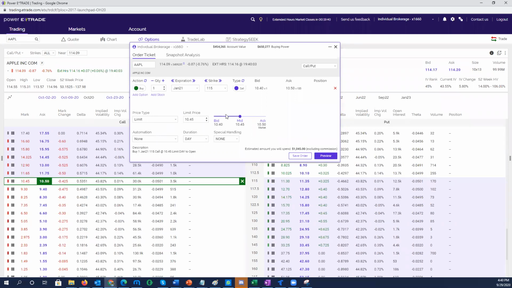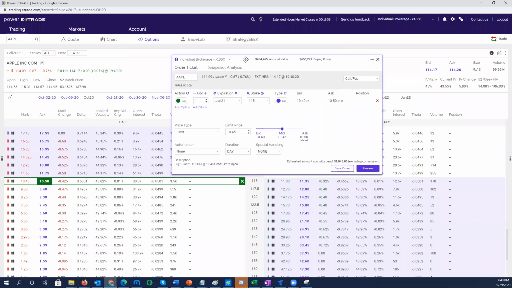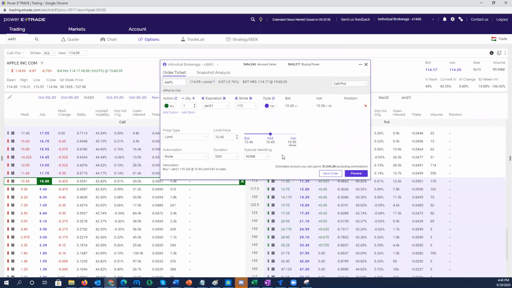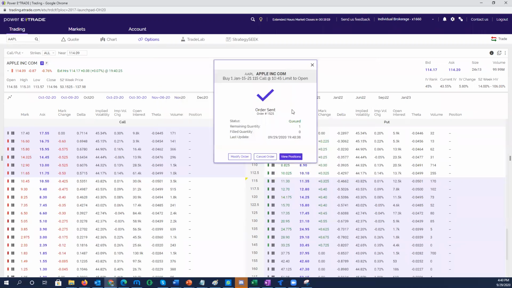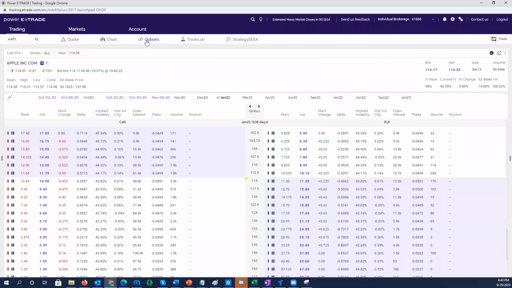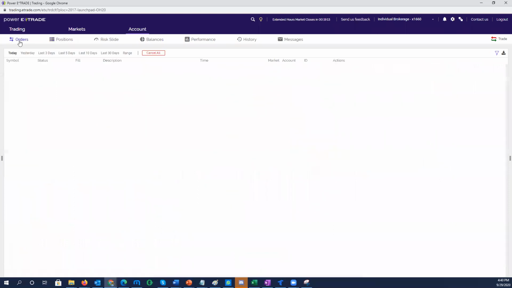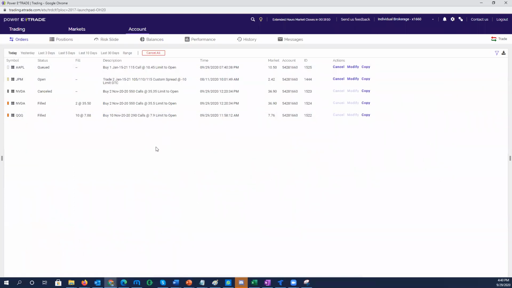So if you don't know about this one, I have another video on this that I'm going to share, but this is the simple way. Just say preview and it's going to say, okay, 10.35, and just send it. This is queued. Okay. So now you can see in the order side, and this Apple is queued.